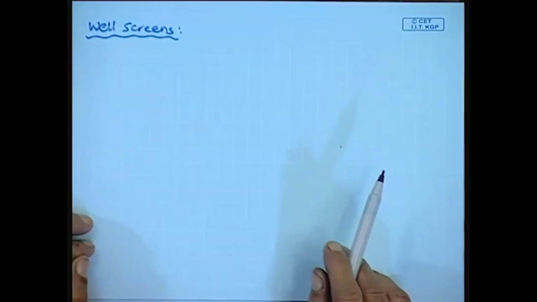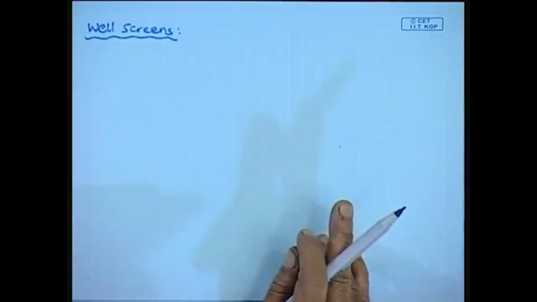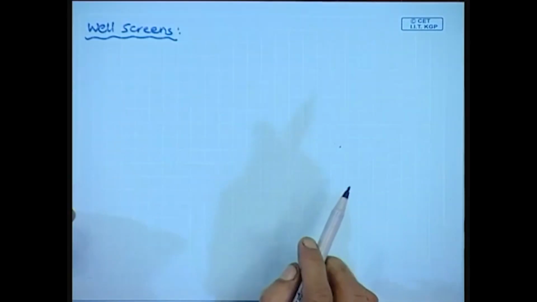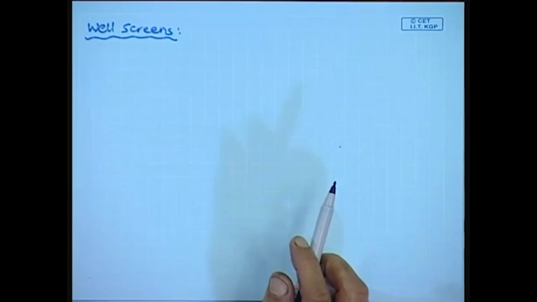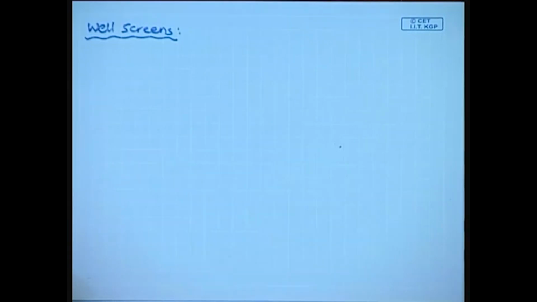Here in the well screen, it is basically some kind of perforation on the lateral surface of the well, through which only a limited amount of soil particles will be allowed.